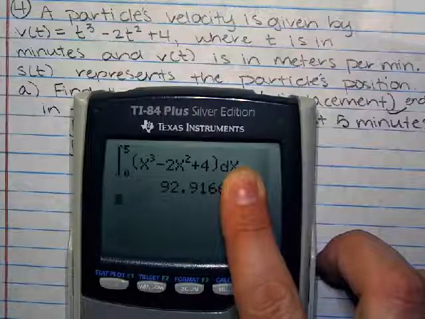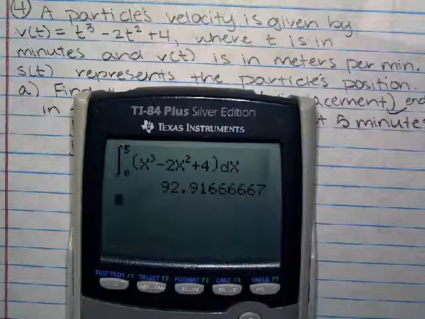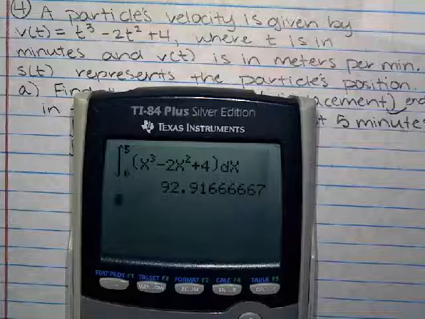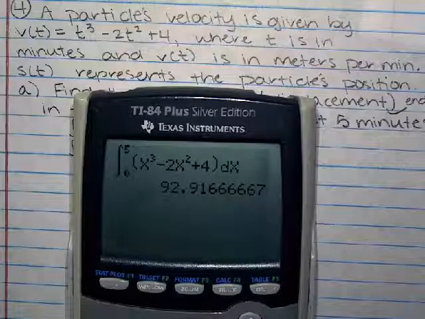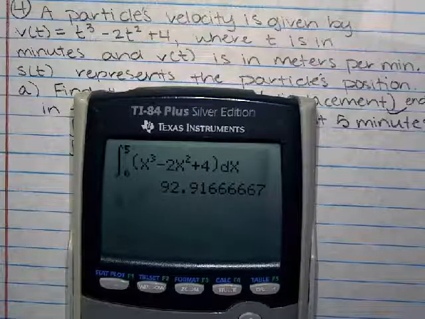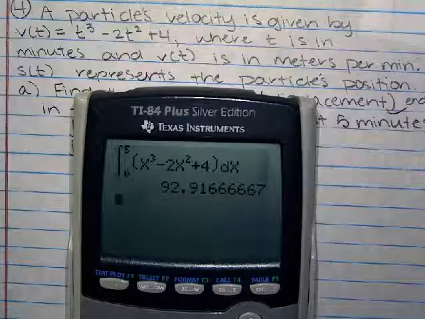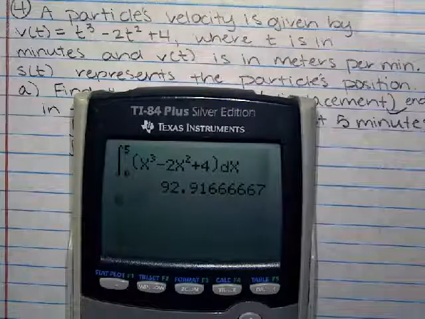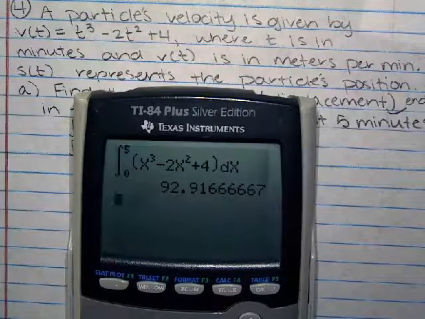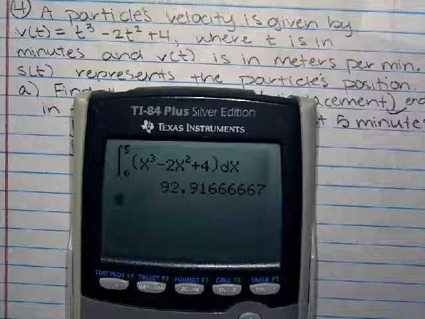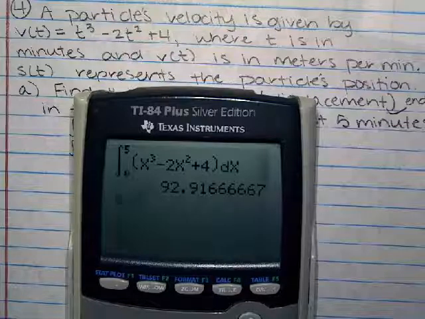So you can say 0.916 or 0.917. Both of those are mathematically accurate. Just do 3 or more decimal places. If you do less, they'll mark you down. But if you do 3 or more, you'll be right. So 3, 4, 5, 6, the whole calculator screen, all of that's fine. I would do 3 and just call it good.